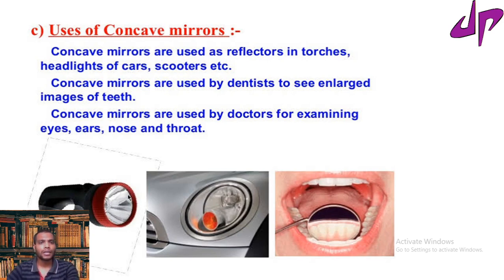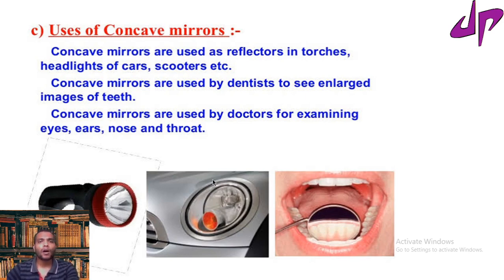If you observe, the yellowish part inside is the concave reflecting surface in both cases, in the headlight and in the torchlight. That makes the light rays reflect back more. So that is the advantage of the concave mirror in car headlights or torches.